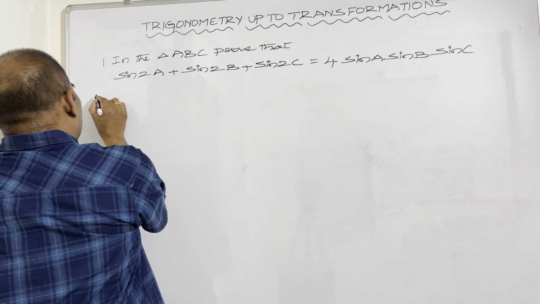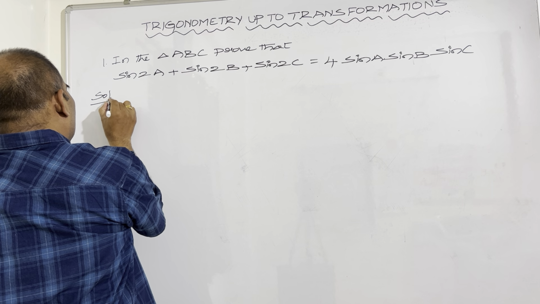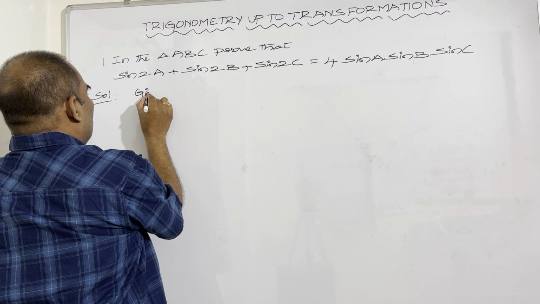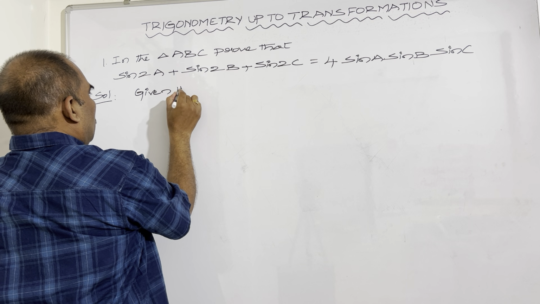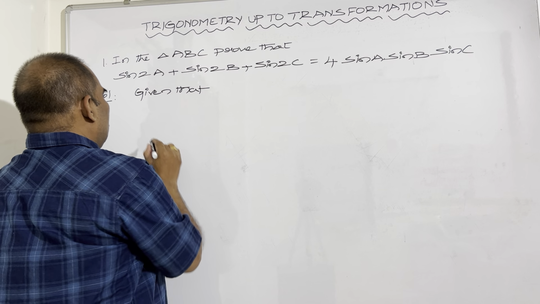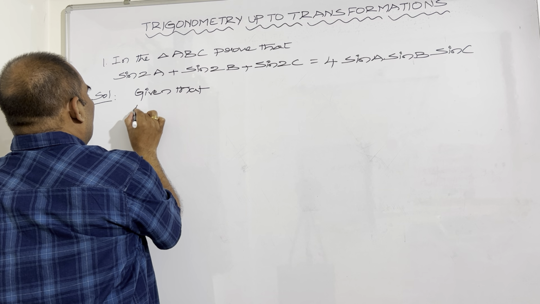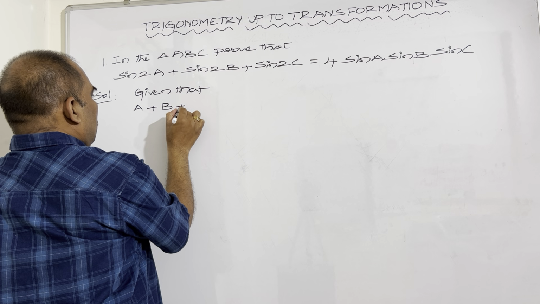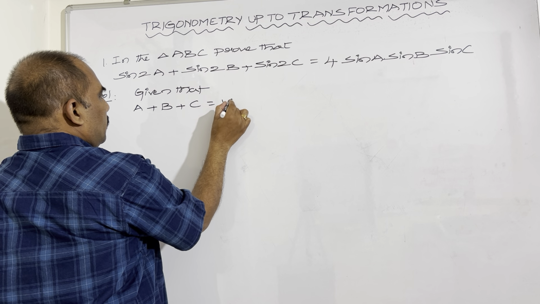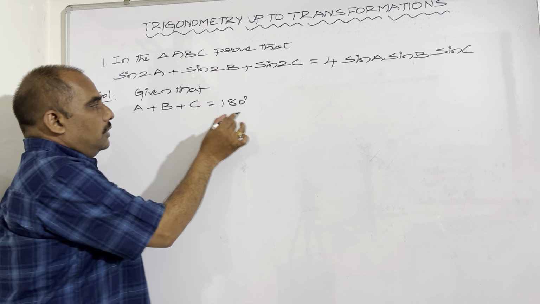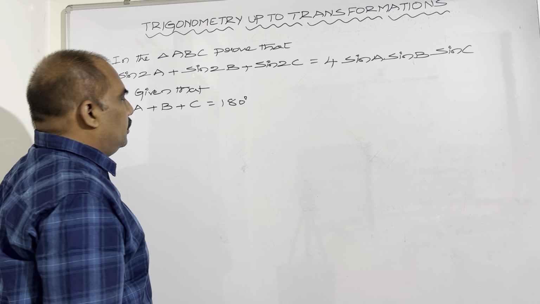Now here is the solution. Given a triangle ABC, we know that A + B + C = 180 degrees, since the sum of the angles in a triangle is 180 degrees.